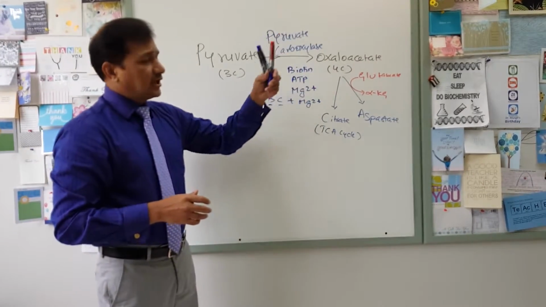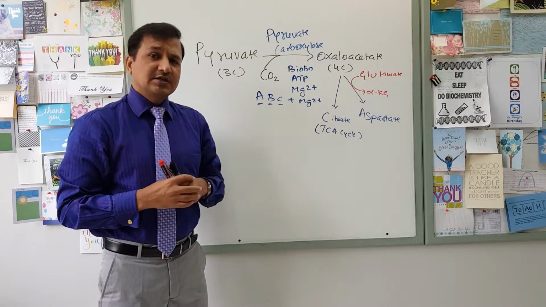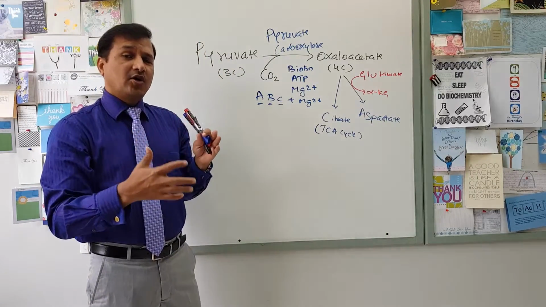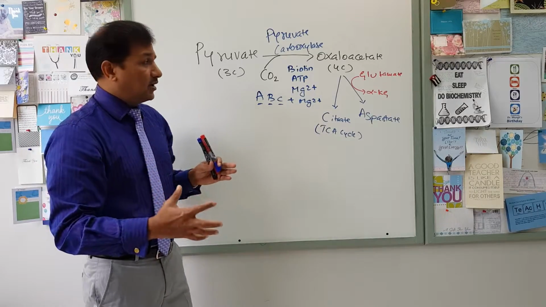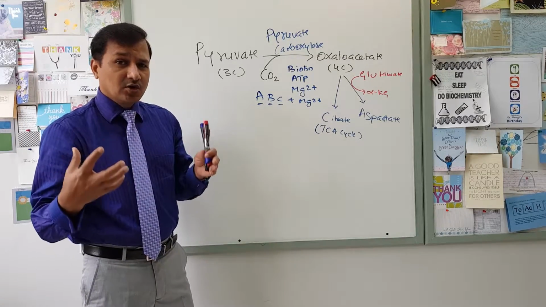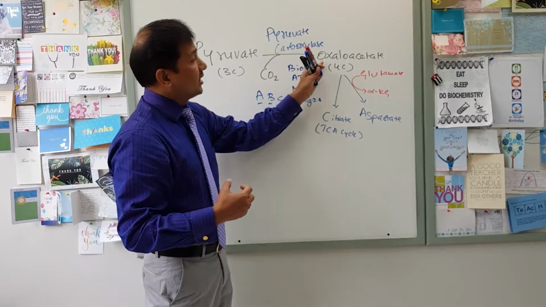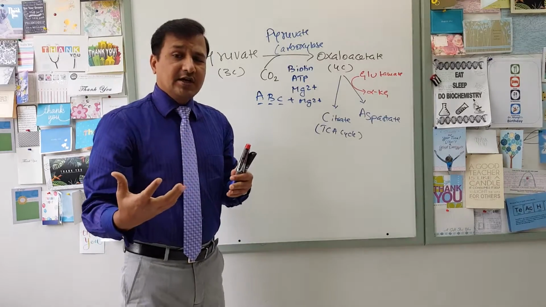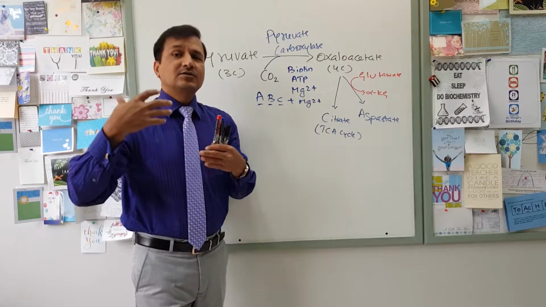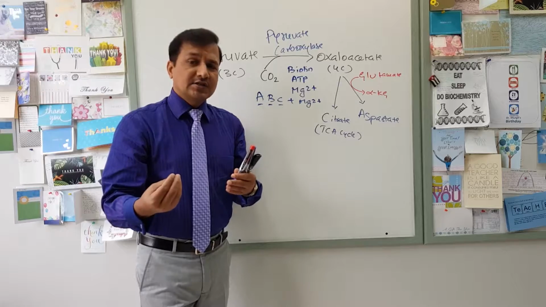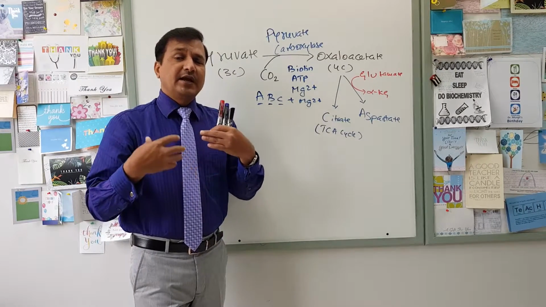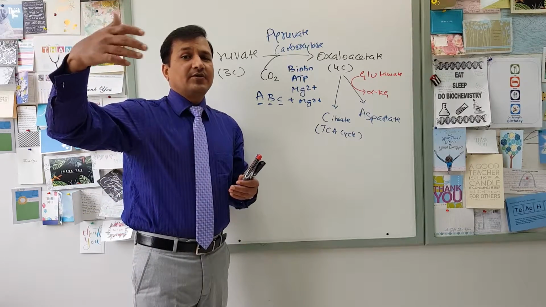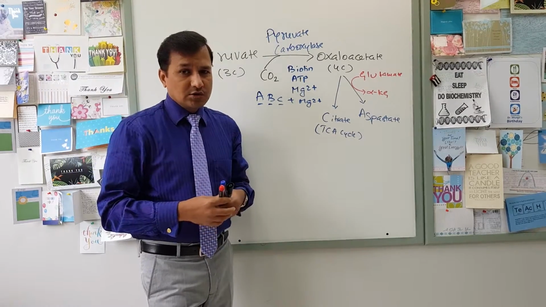Also, whenever a person is in a fasting condition, say lactate is converted into pyruvate or alanine is converted into pyruvate, the pyruvate has to go into glucose formation in the gluconeogenesis process. During that process, pyruvate is converted into oxaloacetate, oxaloacetate is converted into malate, and malate moves out of the mitochondria into the cytoplasm. In the cytoplasm, malate is converted back into oxaloacetate, and that's how it goes into phosphoenolpyruvate and all the way up to glucose formation.